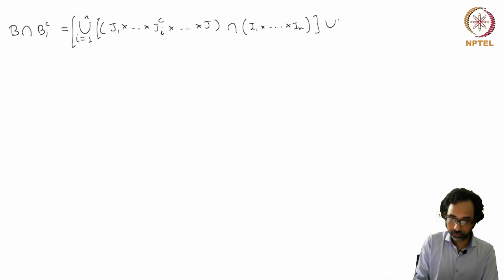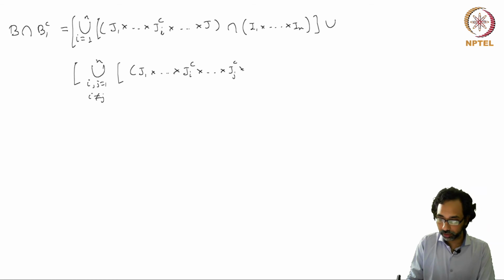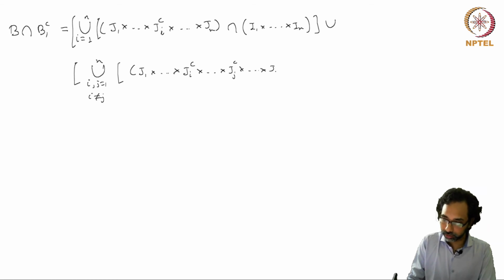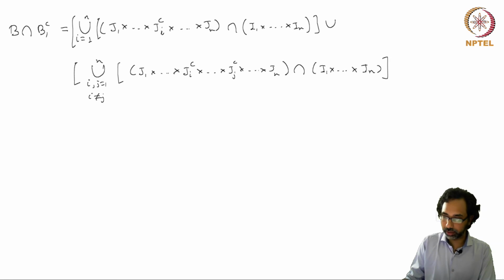Similarly, then you have union i, j from 1 to n, i not equal to j, and again you have J1 cross Ji complement cross Jj complement cross Jn, and again you have an intersection with I1 cross In. So this is the second one.